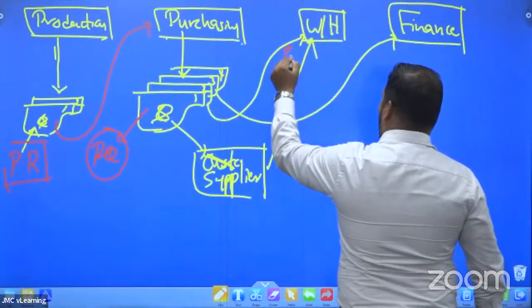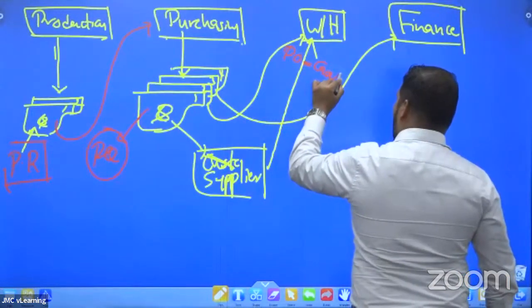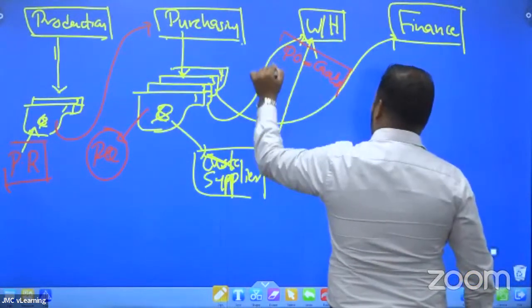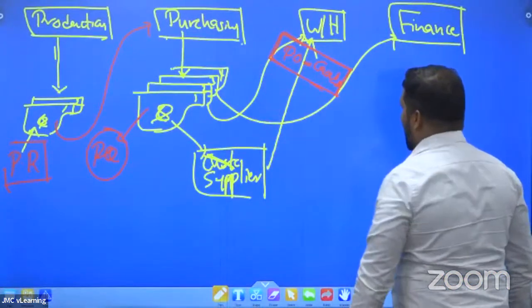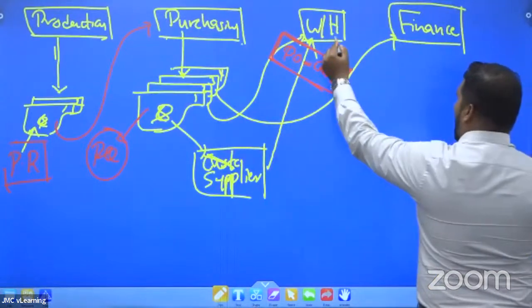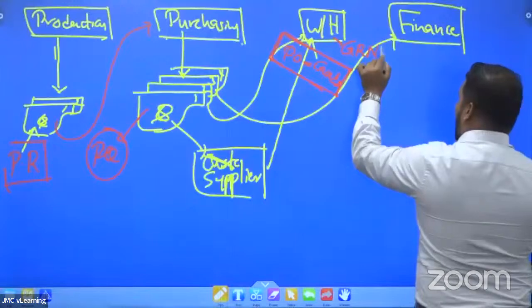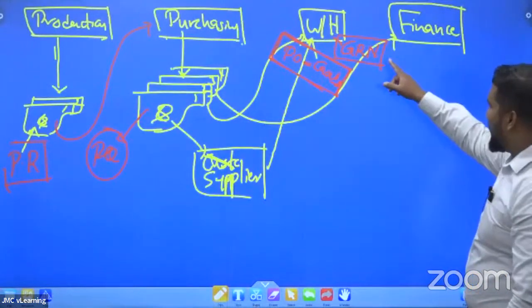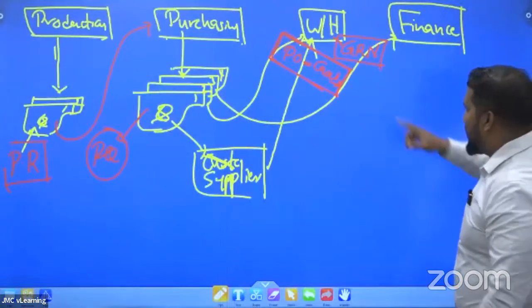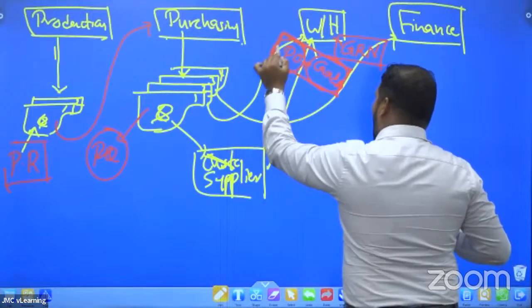The storekeeper has to check the PO details with the goods brought by the supplier, and if it is in line, they will accept it and raise the GRN, goods received note. But before the storekeeper raises the GRN, they should check the physical condition of the goods against the PO as well.